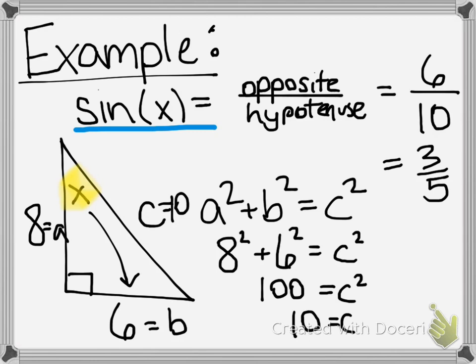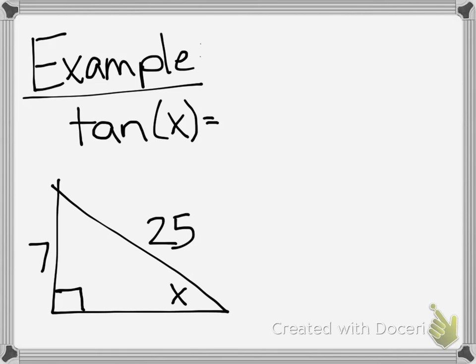Let's try one more example where we need to find the length of a leg. In this example, we want to find the tangent of x, where x is the angle in the bottom right-hand corner, and we know the side lengths 7 and 25, where 7 is a leg and 25 is the hypotenuse.